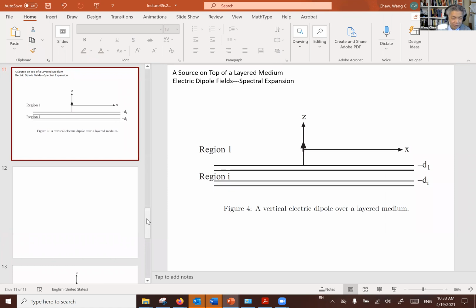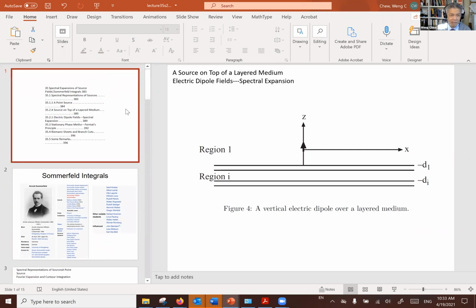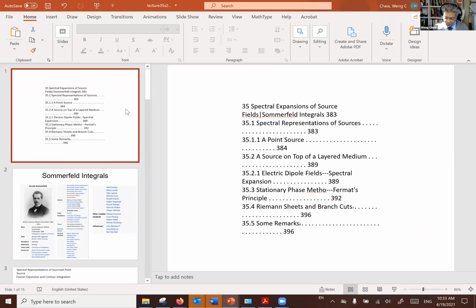So today we are going to talk about an interesting topic again. There are so many interesting topics in this course that I can go on and share with you my knowledge in this field, and it will go on and on. But let me just share with you some of my knowledge on Sommerfeld integrals. Sommerfeld integrals are important because they allow you to put a point source on top of a layered medium.